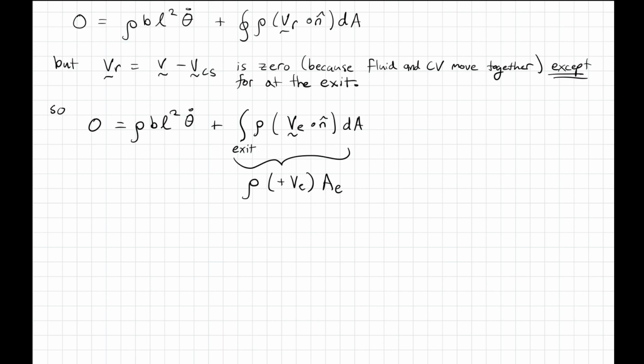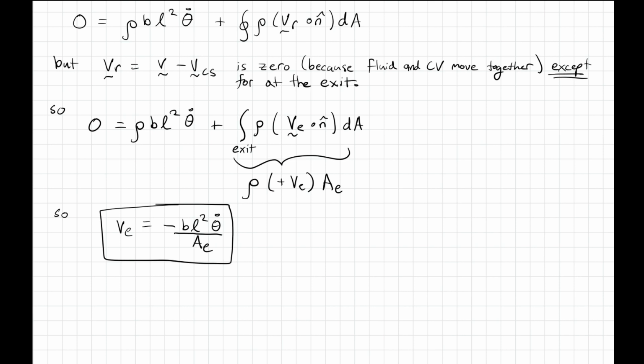It's just rho times v times the total area. And then you can invert that to solve for the exit velocity. Be careful with the minus sign here, but the velocity at the exit is minus b L squared theta dot over the exit area.